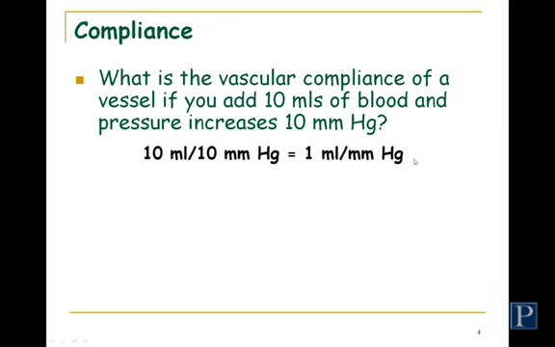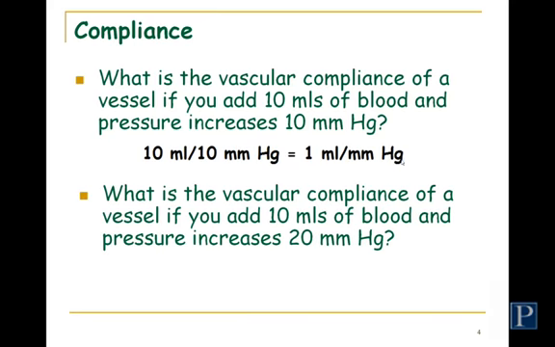Now what if I ask you the compliance of another vessel, that I added 10 mils of blood, but the pressure went up 20 millimeters of mercury. What would be the compliance of that vessel? So you'd set it up the same way, 10 divided by 20, and you'll get 0.5 mils per millimeter of mercury.